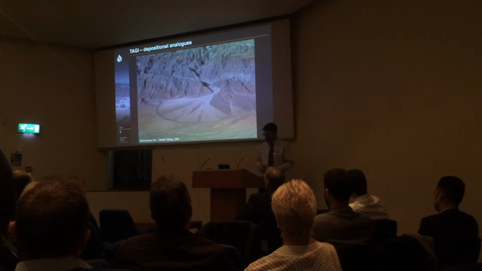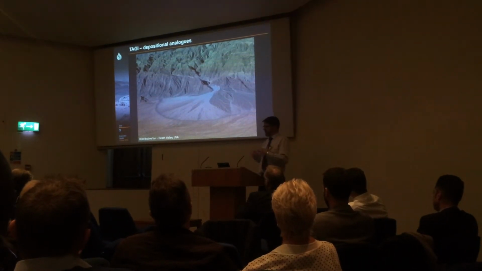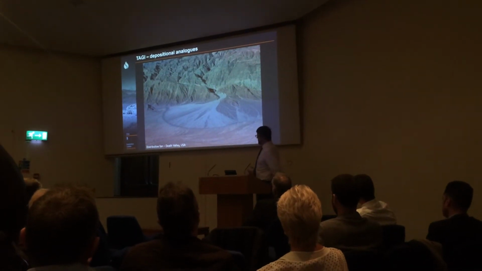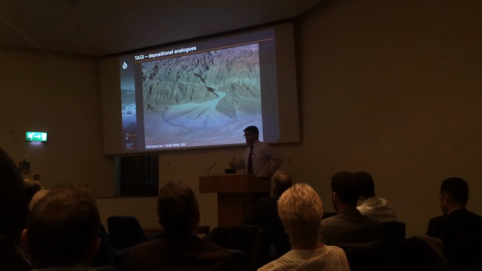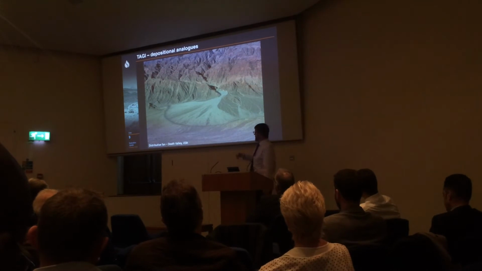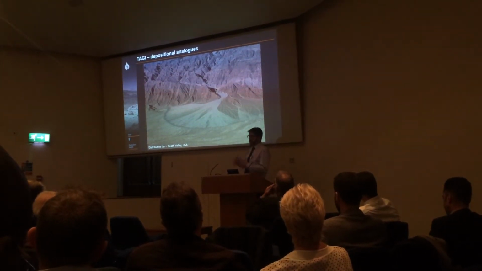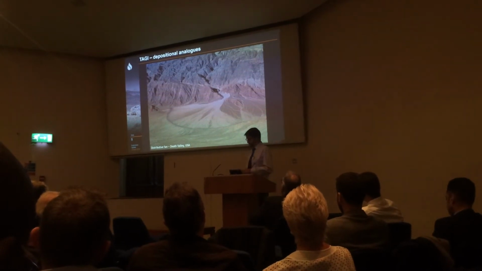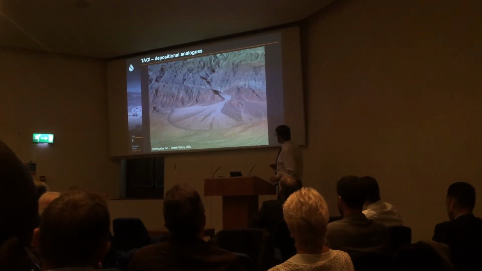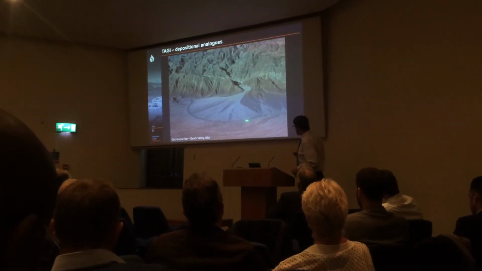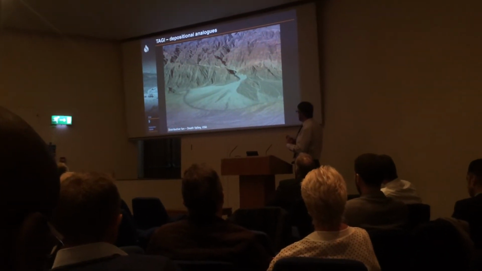So bringing all these things together, we can develop what we call a depositional analogue for the TAG-E. We think the TAG-E, actually in the T5 horst, was deposited in a feature that looks just like this. This is a modern day image from Death Valley, and you can see this wonderful feature which we call an alluvial fan, or a distributive fan.